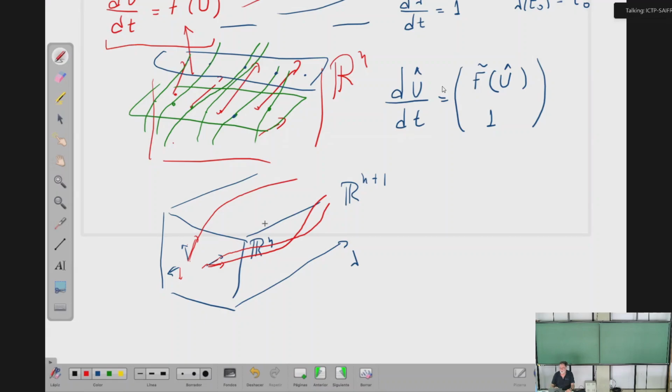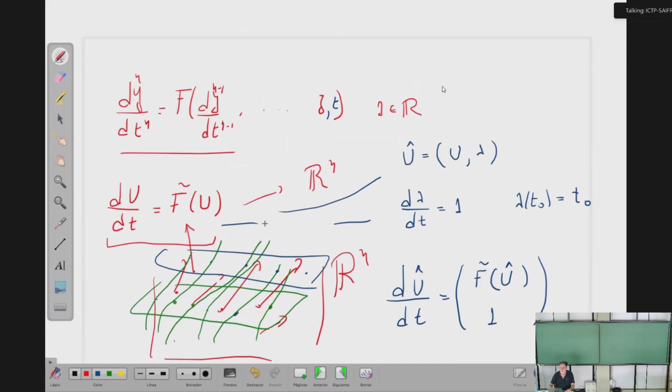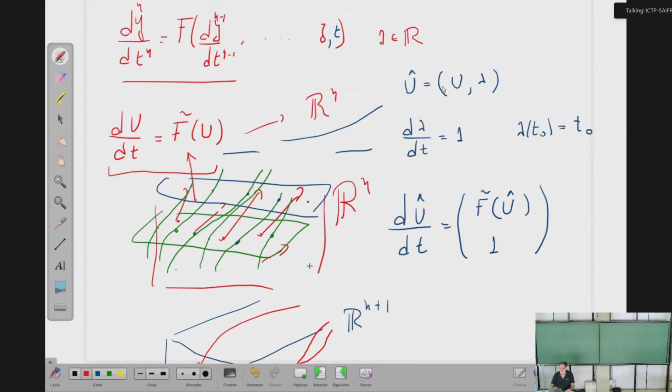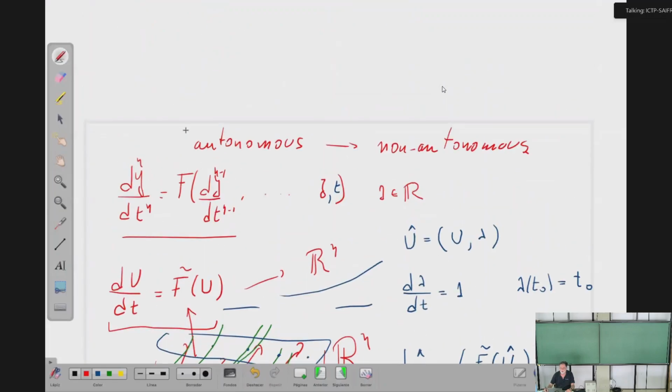This way we generalize from autonomous systems to non-autonomous. From the point of view of the vector field, it's the same. There is no extra structure.